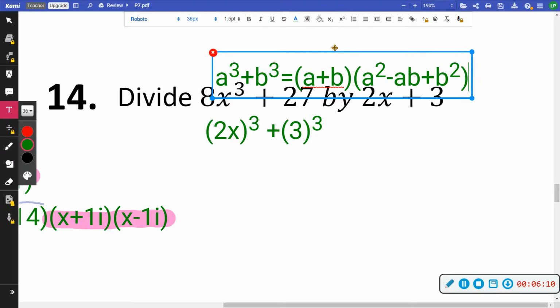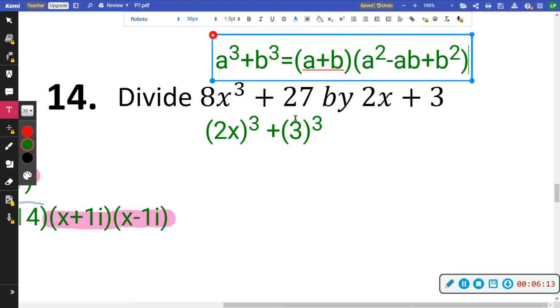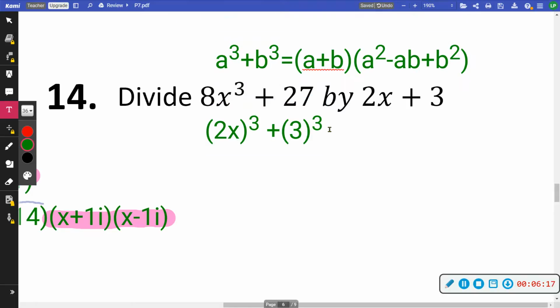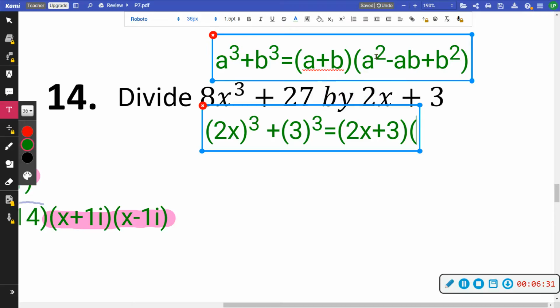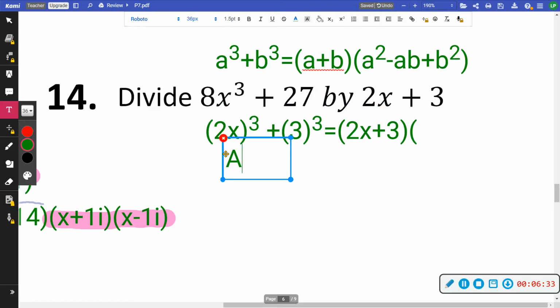And using that formula, you'll notice that a is 2x, b is 3, so that's where the first part comes from. So that's 2x plus 3. So we know that 2x plus 3 is a factor of 8x to the third plus 27. And then what's left over, I would take a, remember this is a, and that's b.